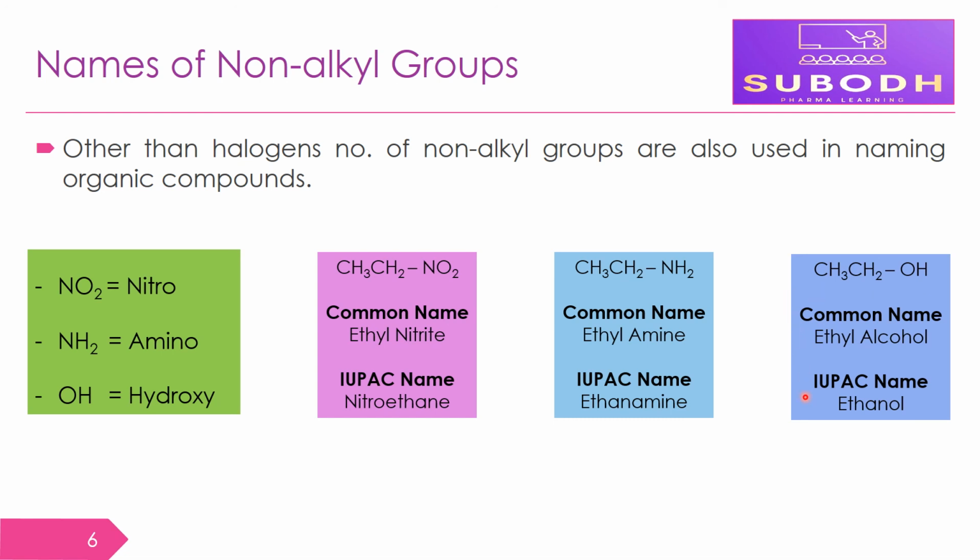In IUPAC system, it is named as ethanol, not as hydroxyethane, as the ethanol is the preferred IUPAC name of this compound. The preferred IUPAC name is used when any compound has more than two IUPAC names.